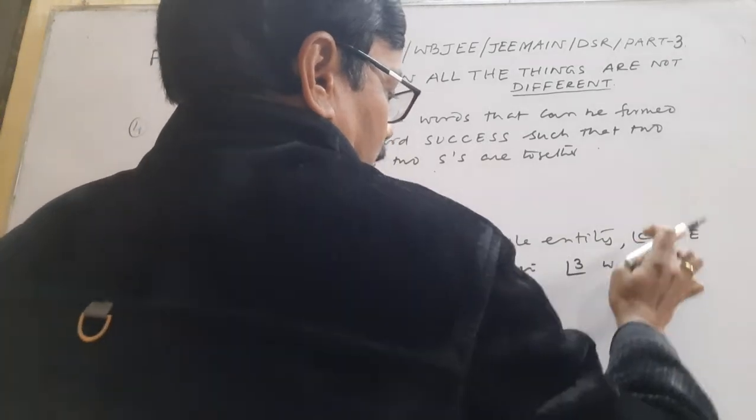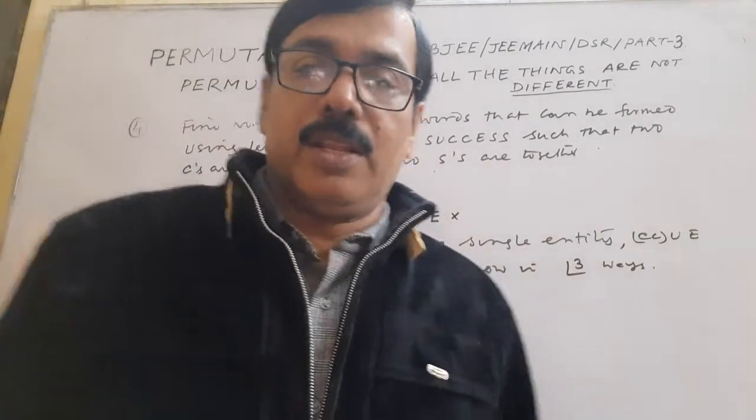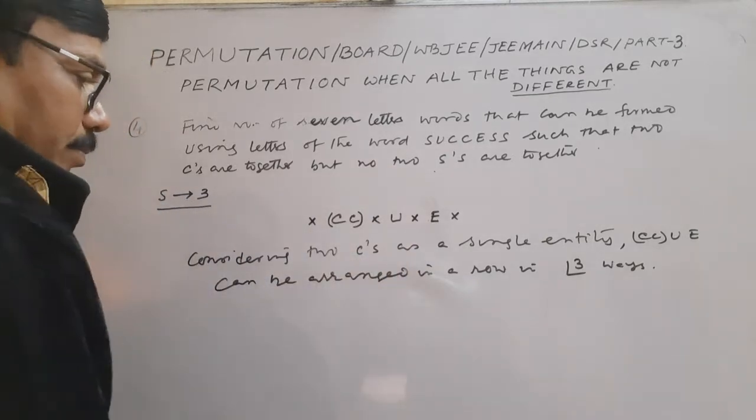Mind it, 2C is considered as a single letter. So this will be the figure, factorial 3.